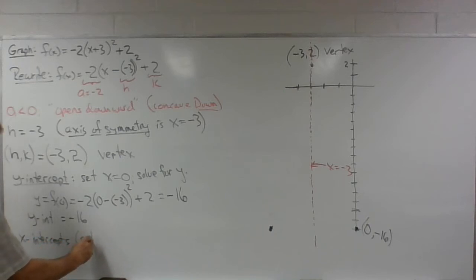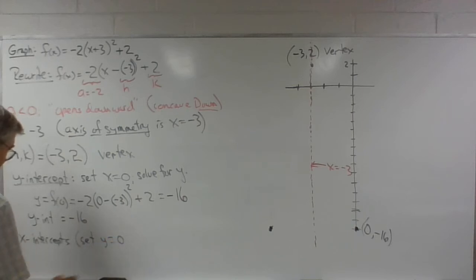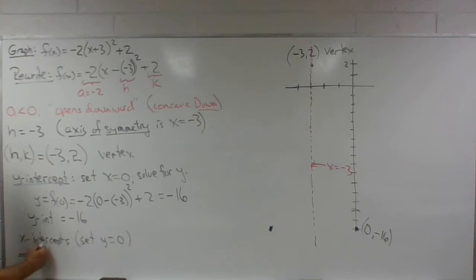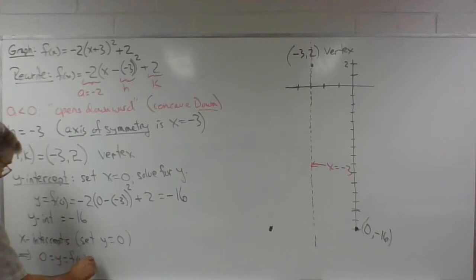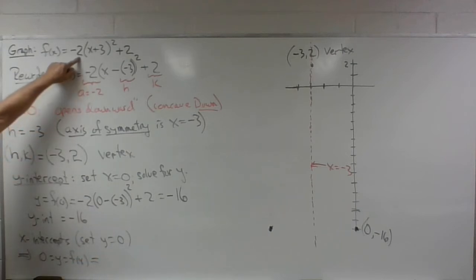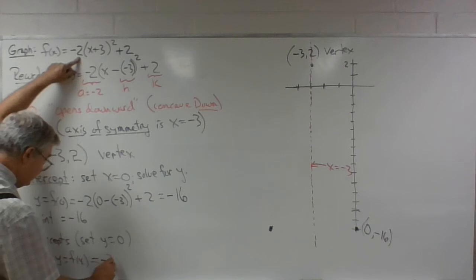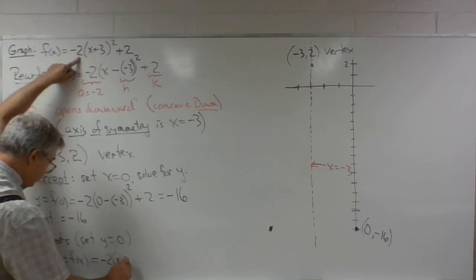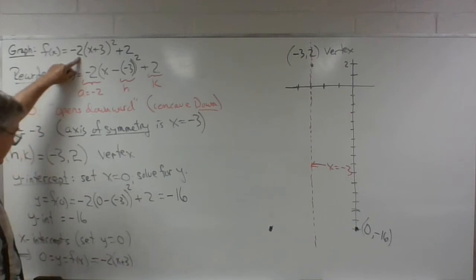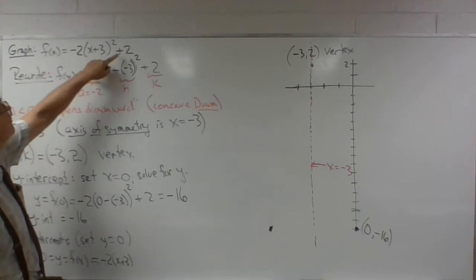And to do that, we set y equal to 0. So 0 equals y, which is f of x, which equals negative 2 times (x plus 3) squared plus 2.